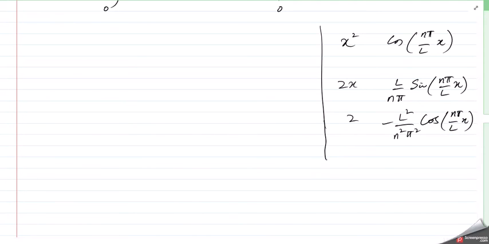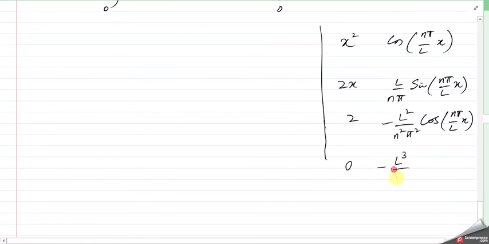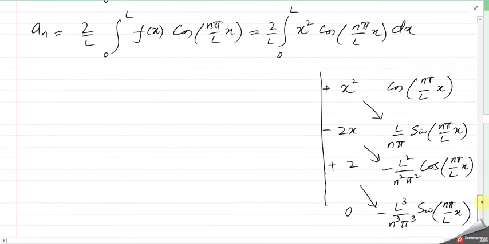Put this little bit down. And then minus L cube over n cube pi cube sine n pi over Lx, and then we multiply this way, plus minus plus, and then we put the limits.